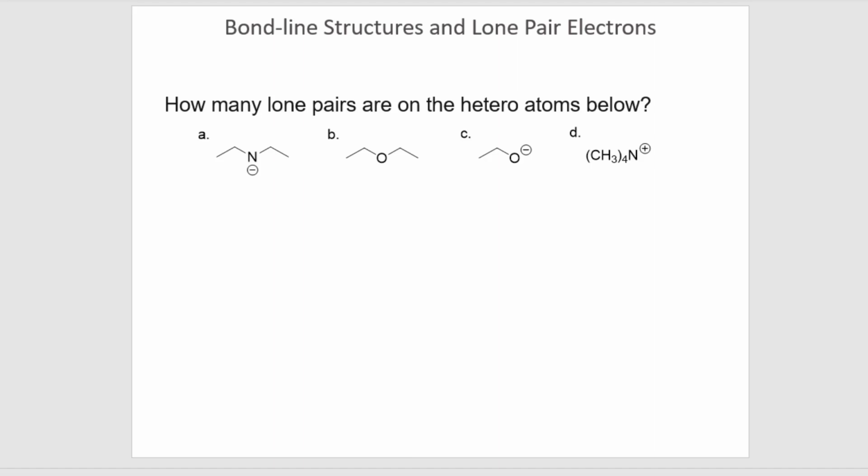Here, we notice that in A, we've got a nitrogen with a negative charge. What does that mean? Well, think about nitrogen. Nitrogen likes 3 bonds and 1 lone pair. Right now, we've got nitrogen with 2 bonds, and I have to figure out how many lone pairs it has, but it's telling me that it has a negative charge.